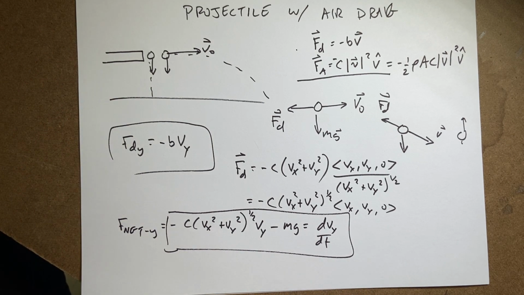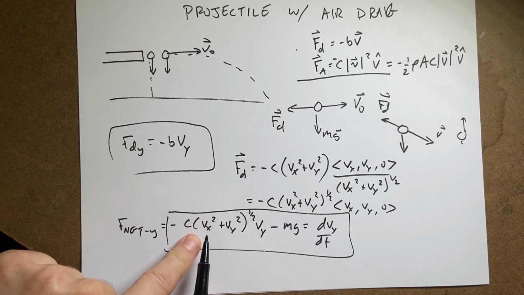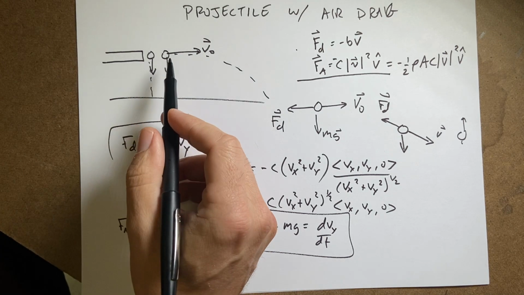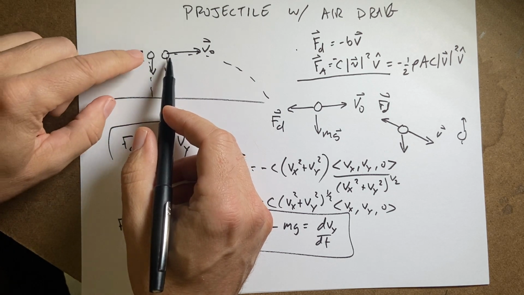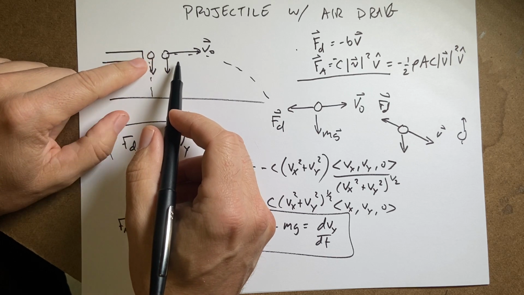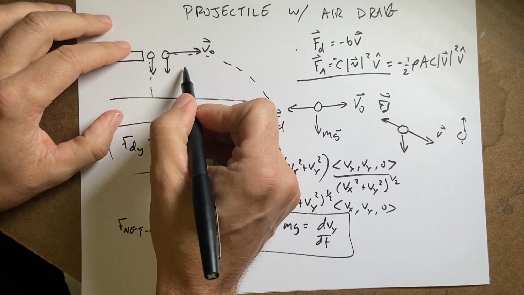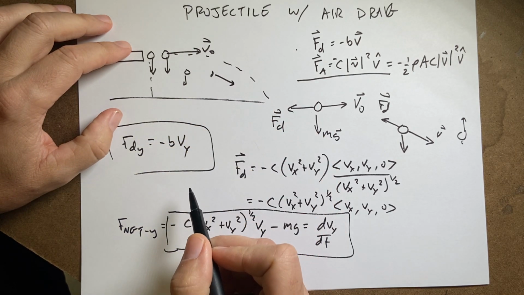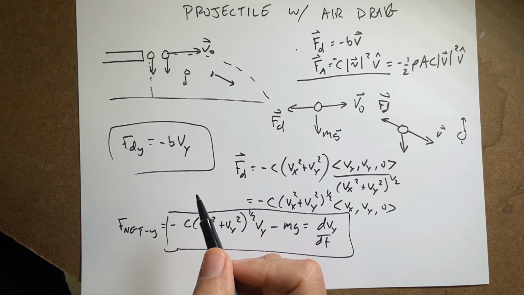And that's a problem, because you see it has a component of the velocity in the x direction in the y equation. So if I take two balls that have the same vertical velocity, so they're both moving down a little bit, this one's going down and this one's going down with the same vertical velocity, they will not have the same vertical drag force.